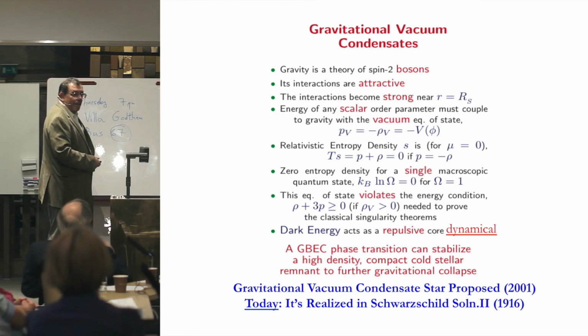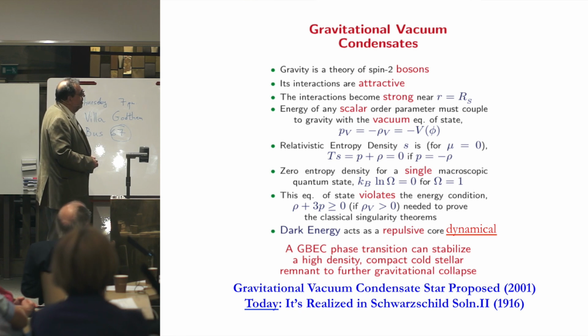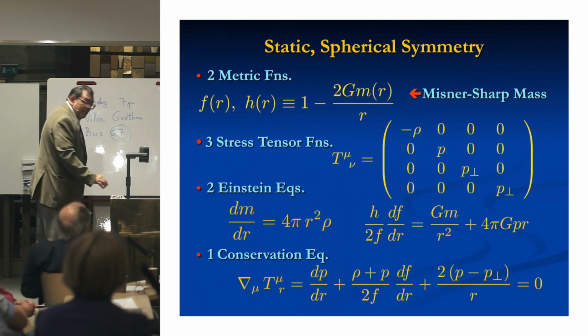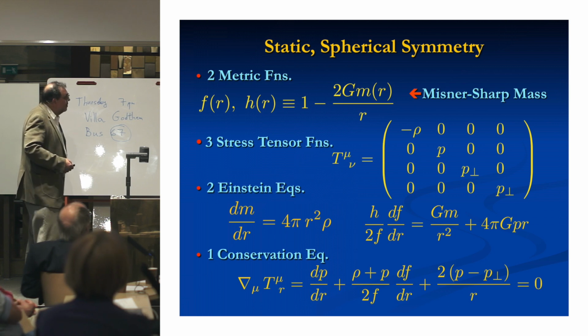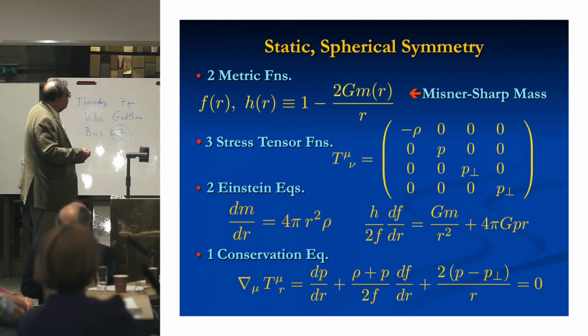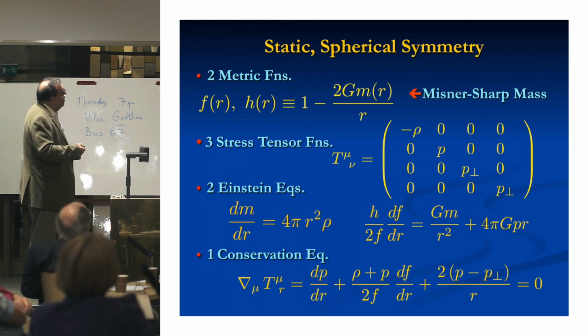So you know he wrote 2 papers in 1916 before he died. One of them is the famous exterior solution, we all know, but he also looked at the interior. He didn't know how to solve the equations, so he assumed the simplest thing, which was constant density. So let's go back and look at static spherical symmetry.